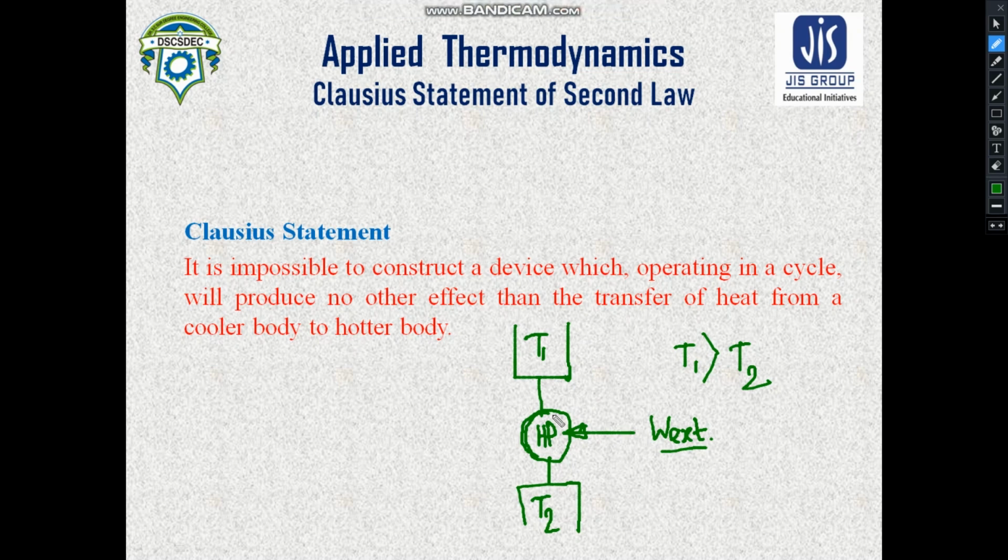So I think you must have understood this Clausius statement. You don't need to remember these statements, you need to understand. Now, one might say that the Kelvin-Planck statement and the Clausius statement of the second law of thermodynamics seem to be different from each other, but in reality they are not at all different.